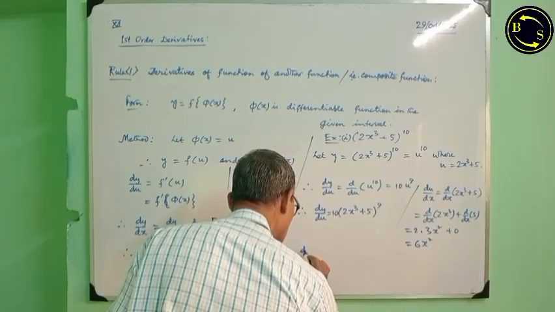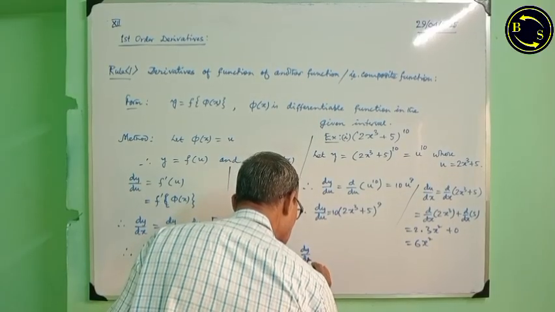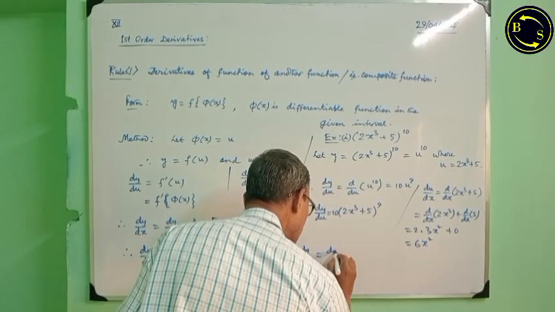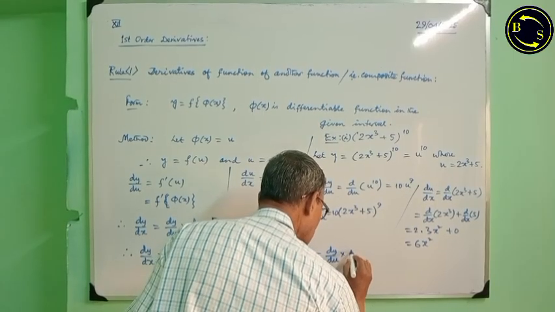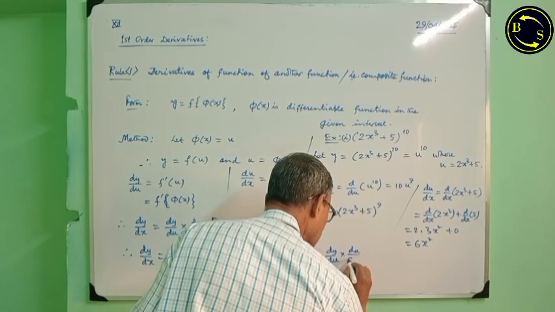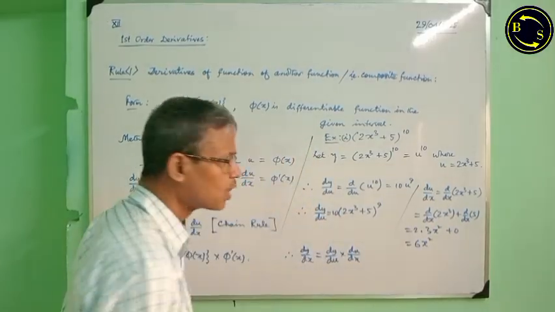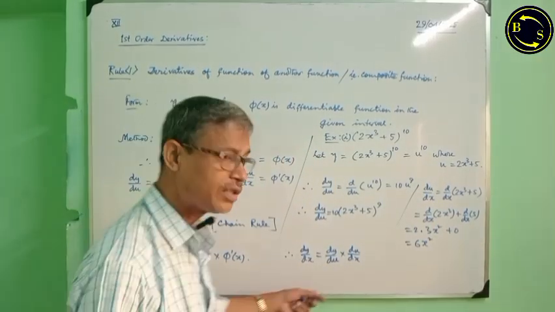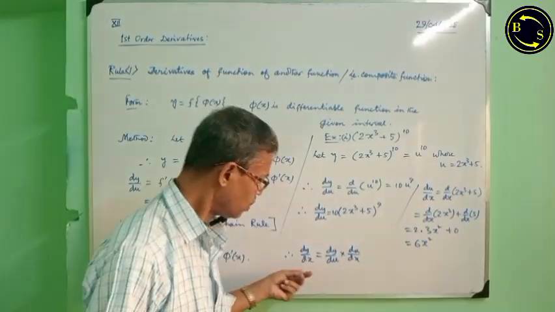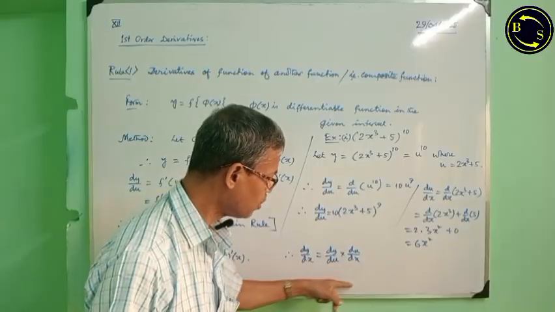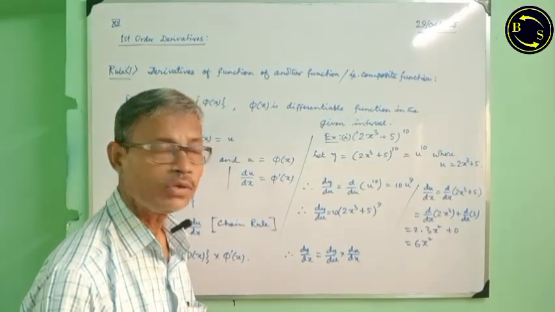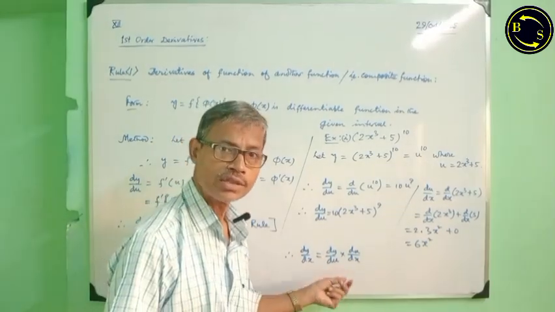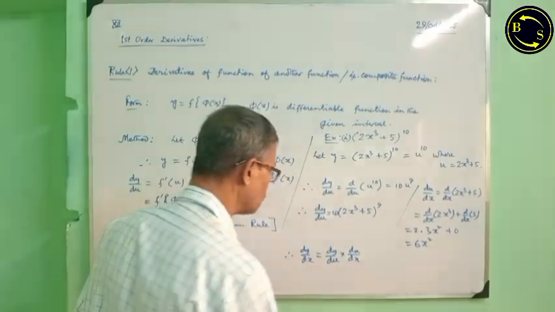Therefore, dy/dx is equal to dy/du into du/dx. I suggest students, in the first part you write this form, dy/dx equal to dy/du into du/dx, that is the chain rule. Then put values.